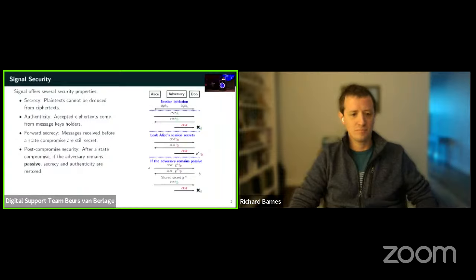But hopefully, there is this post-compromise security property which states that if the adversary remains passive, then after some messages exchanged, Alice and Bob will retrieve some security because they are generating some random numbers that they can combine in a Diffie-Hellman secret key that the adversary will not know.